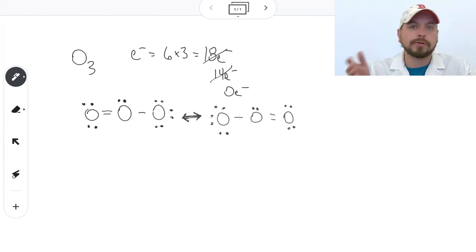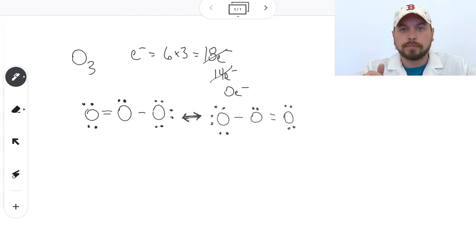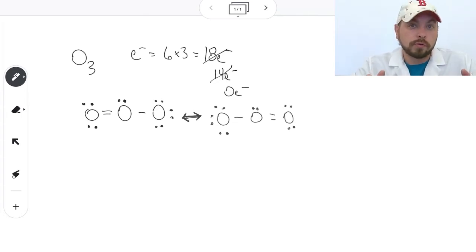So instead of a single bond or a double bond, each of the 2 bonds that you're going to see in ozone between the oxygens is actually going to be identical, the same as what you would consider a 1.5 bond. The reason for this is that resonance is going to create a structure that is the average.